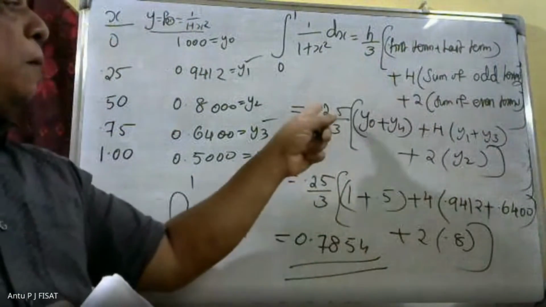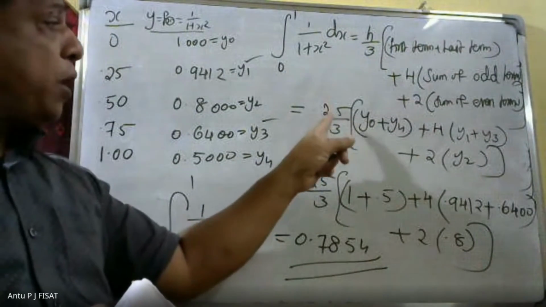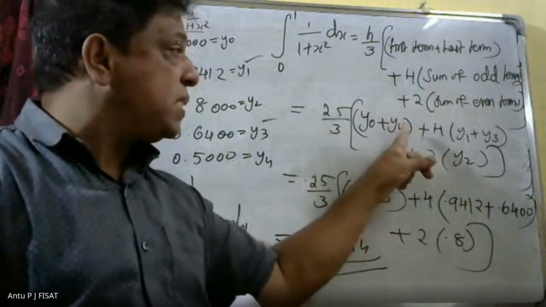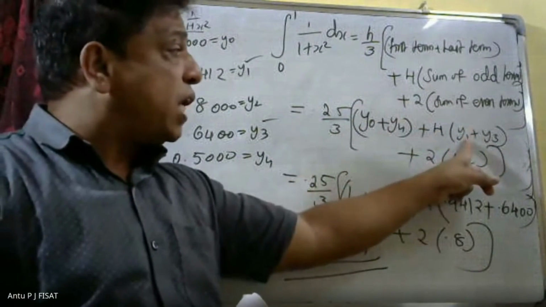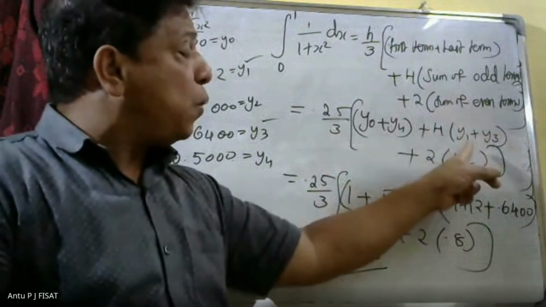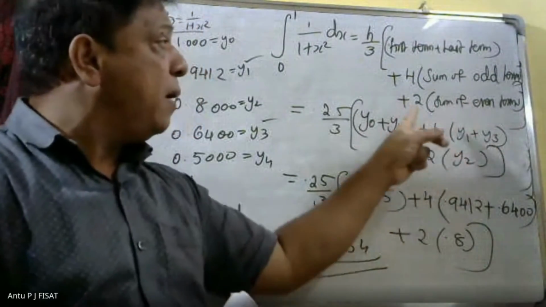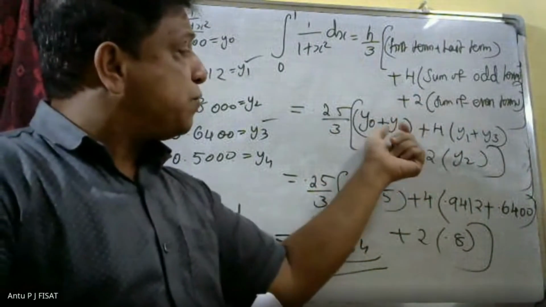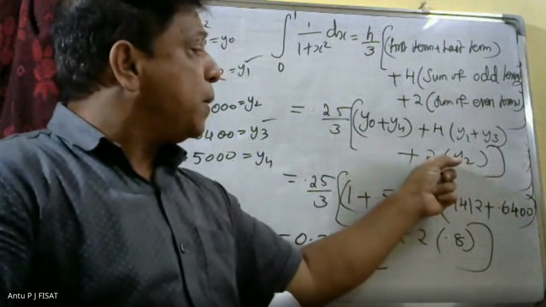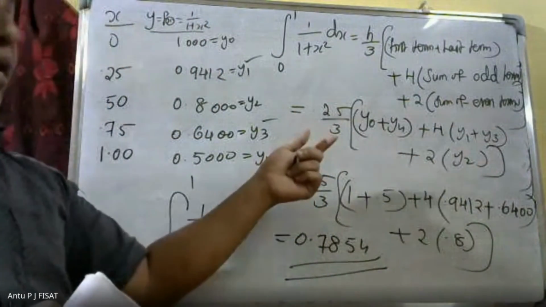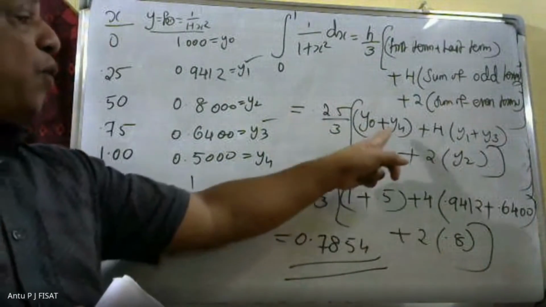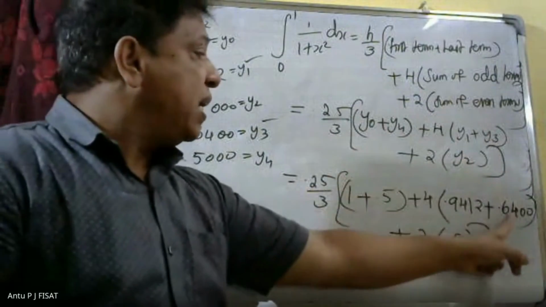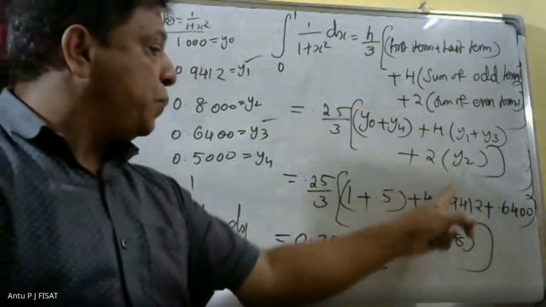Here in this problem, h is equal to 0.25 by 3, y0 plus y4, first term plus last term, plus 4 into sum of odd terms, here odd terms are y1 plus y3, plus 2 into sum of even terms, only y2. From the table, we take y0 as 1, y4 as 0.5, y1 as 0.9412, y3 as 0.64, and y2 as 0.8.